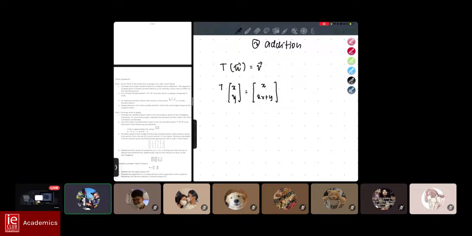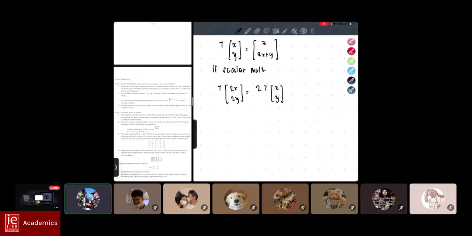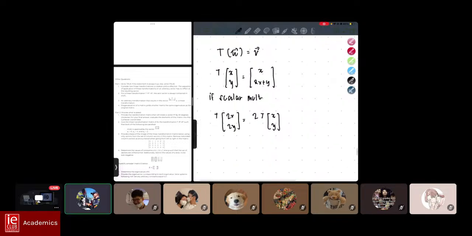If it is closed under scalar multiplication, then T of (2x, 2y) should be equal to 2 times T of (x, y). So if the linear transformation truly has scalar multiplication, it has to follow that you can pull out the multiplication.